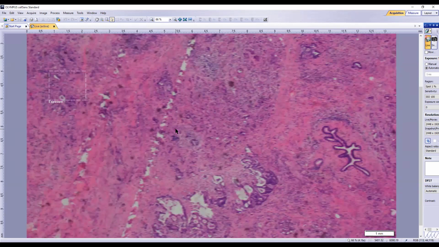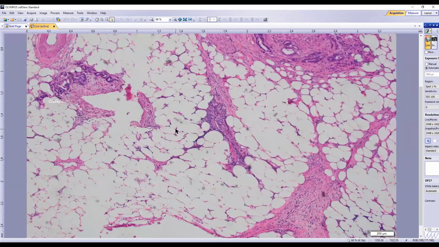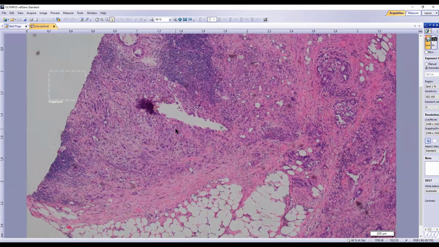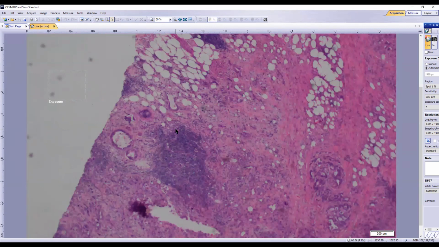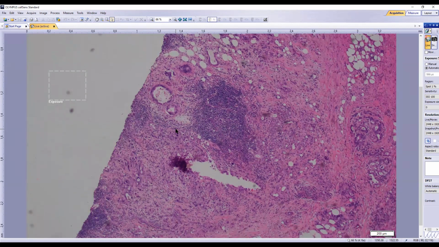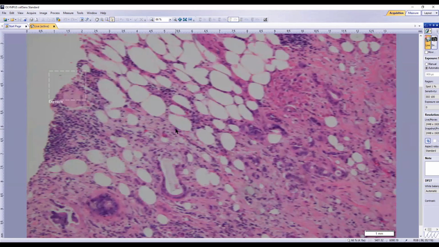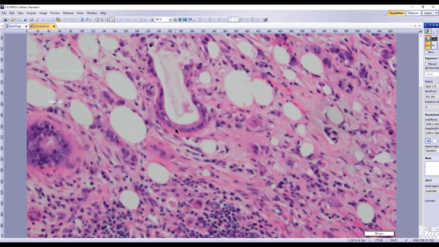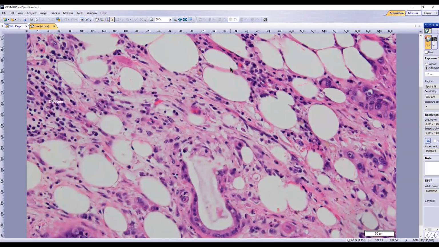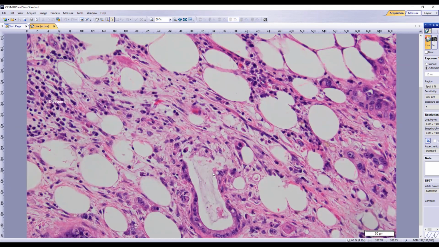And then the fourth feature is naked glands in adipose tissue. So we have adipose tissue here and we have these individual glands, right? And so that's another feature.